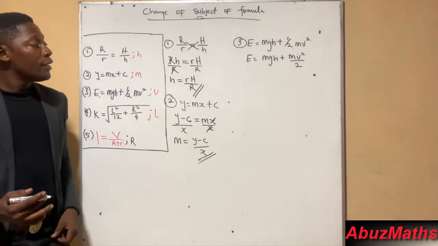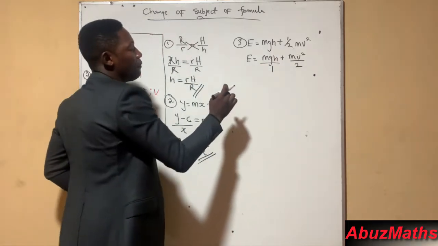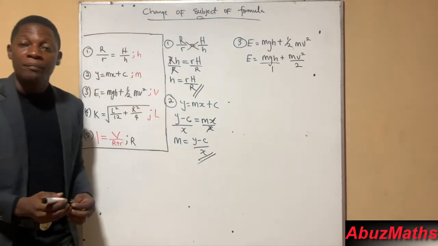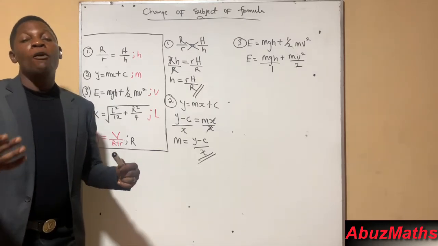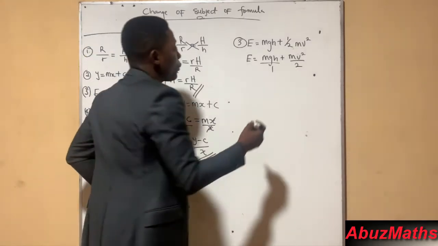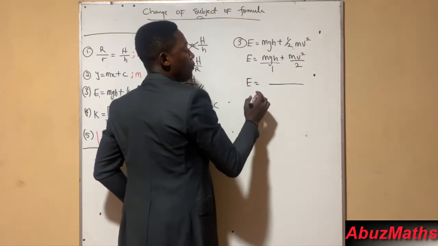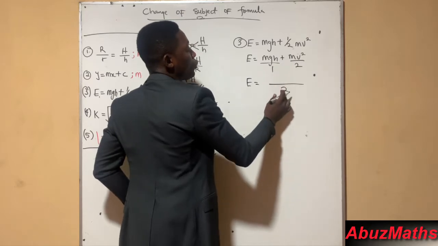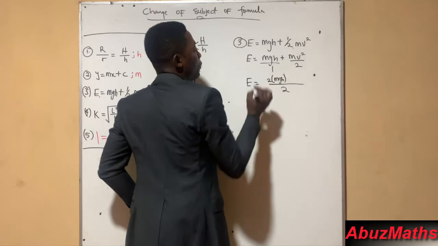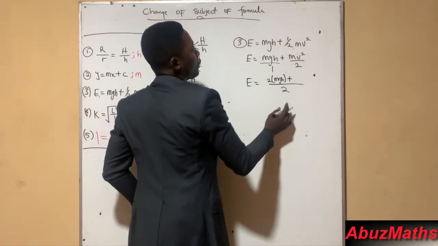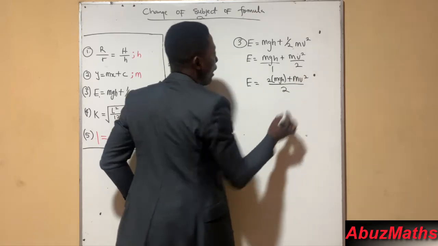The same thing. So here I have fractions with an addition in between them, so I do what I would do for addition of fractions. E is equal to, I take the LCM of the denominators, which is 2. 1 into 2 is 2, 2 times mgh gives 2mgh, plus 2 into 2 is 1, 1 times mv squared is mv squared.